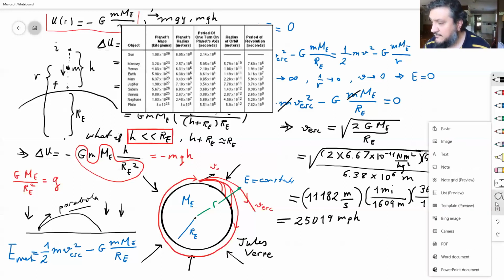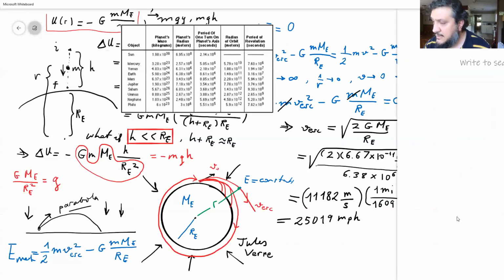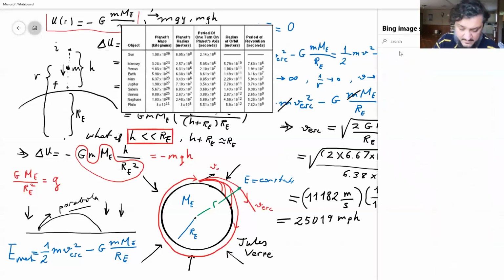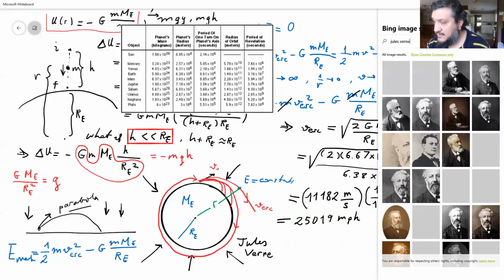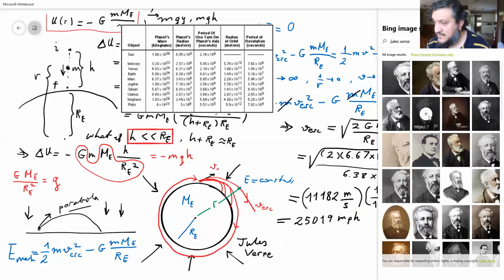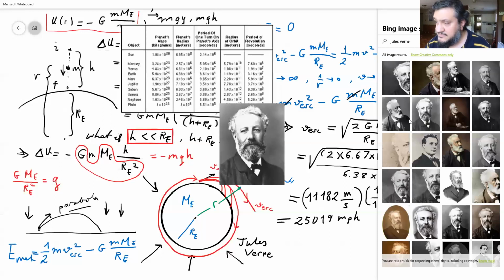And in that novel, he had the idea of sending people to the moon with a cannon. Okay, so use a capsule, and put the capsule in the cannon, a large cannon.